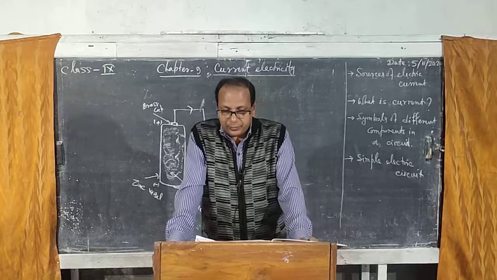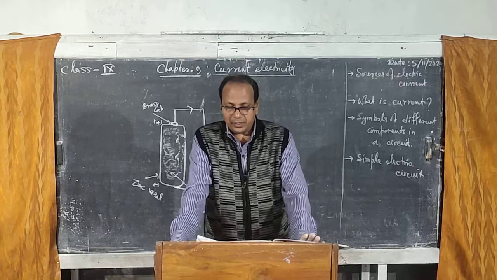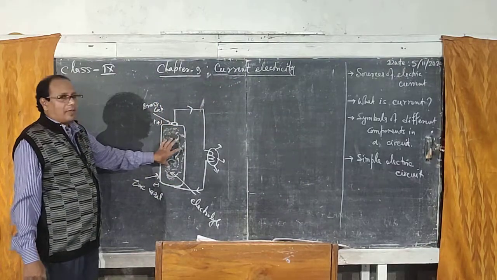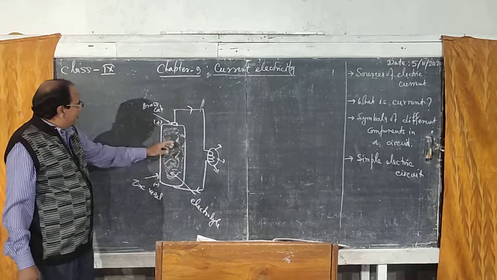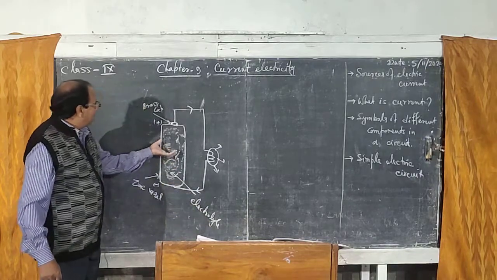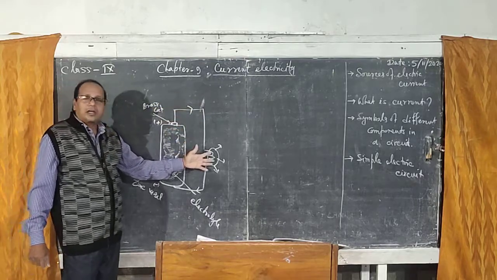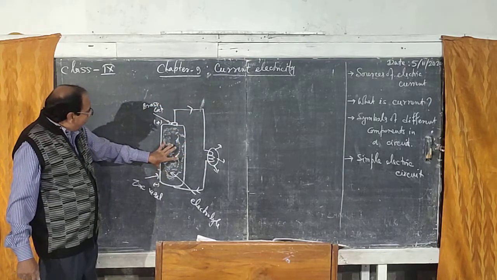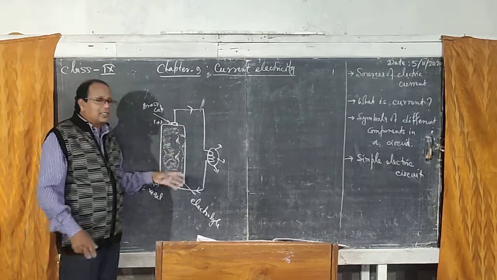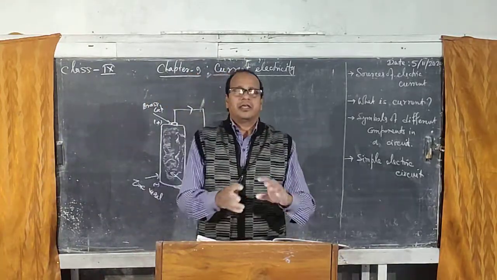Primary cells provide current as a result of irreversible chemical reaction, means if this dry cell or any primary cell is used, then electrolyte will do the chemical reaction. After doing the chemical reaction, somehow the electron starts to flow, and then we say that current is flowing. And while this reaction is going on, later on we can say this chemical has no energy to supply the electrons. That time we can say the cell is dead.